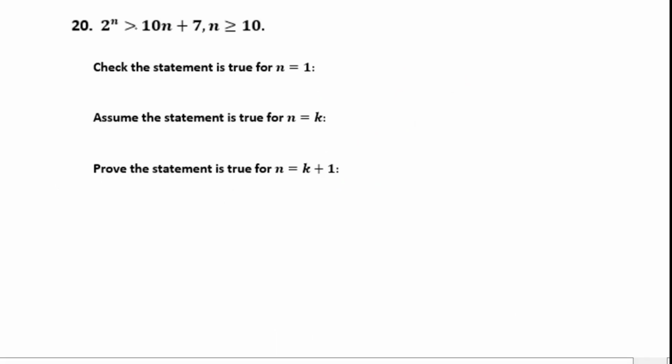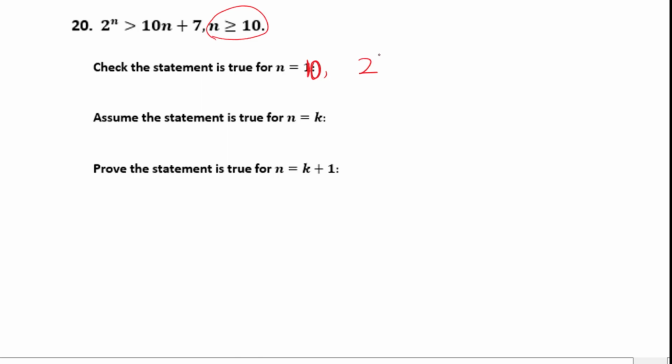2 to the n's power greater than 10n plus 7, n is greater than or equal to 10. Since n is greater than or equal to 10, check the statement is true for n equals 10, not 1.